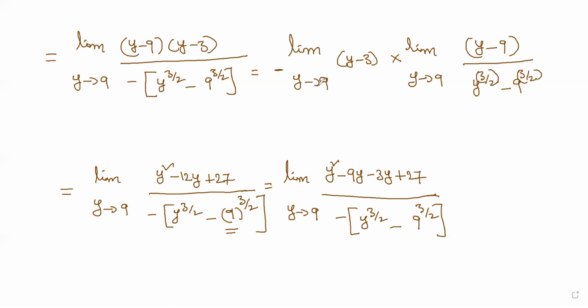Now y tends to 9, so y minus 3 is 9 minus 3, that is 6. So I have minus 6 over here, multiplied by the rest. Now you see what we do. Have you written this part, ma?